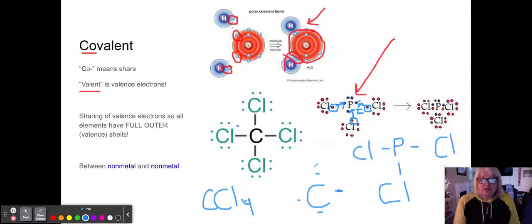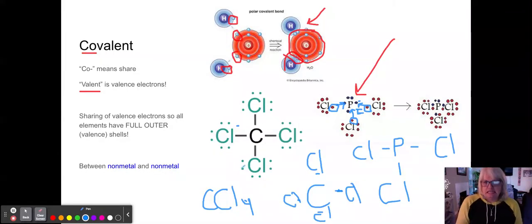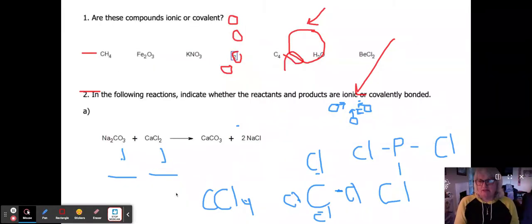So that works out perfectly. If I put a chlorine here, it's going to share there. If I put a chlorine here, it's going to share there. Here it's going to share, and here it's going to share. So you just have to think about how many electrons it needs in order to fill the shells for both of them. This is pretty much always between nonmetal and nonmetal. There are a few cases where that's not the case, but for this class, it will be between nonmetal and nonmetal.